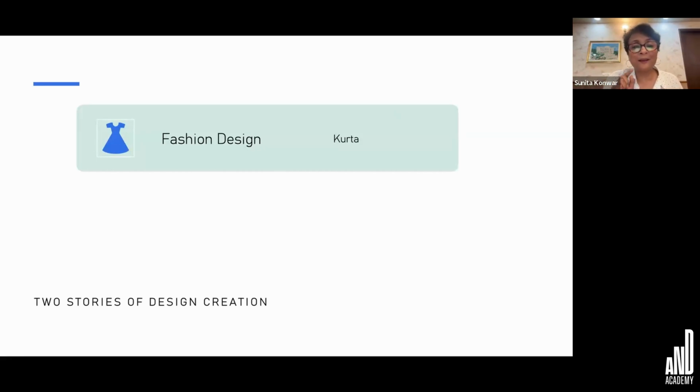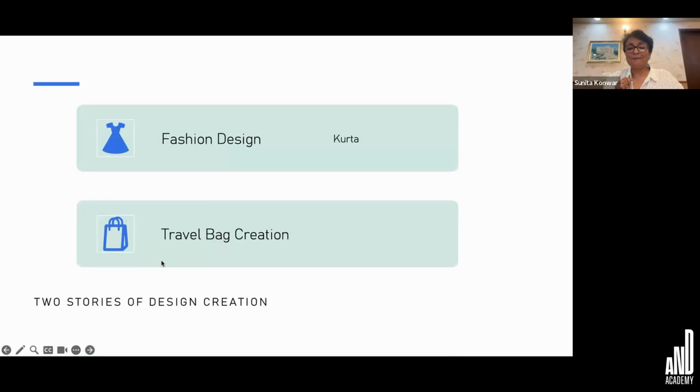The second story, Shubhangi, if you can click the next one. Yeah, this second story, we were having an inter-college competition going on. In this competition, we had students participating from various colleges.